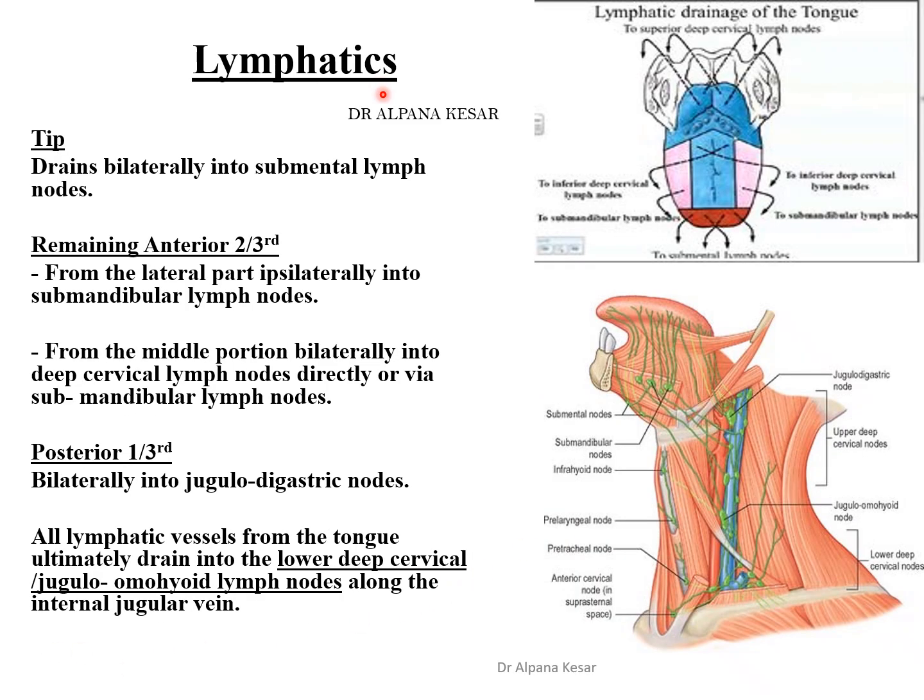Lymphatics of the tongue. The lymphatics of the tongue is divided into four areas: the tip of the tongue, the lateral part of the anterior two-thirds of the tongue, the middle part of the anterior two-thirds of the tongue, and the posterior one-third of the tongue.